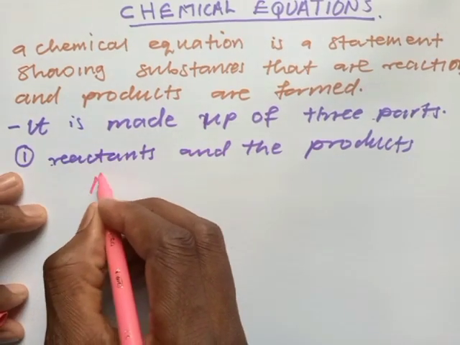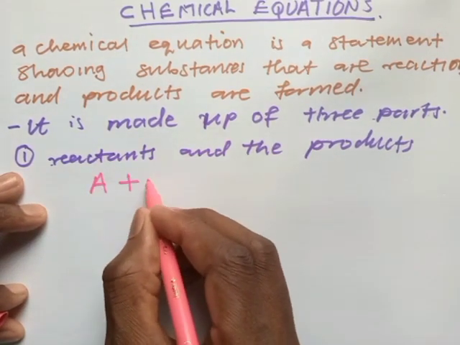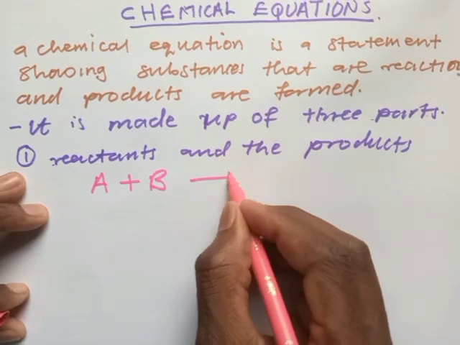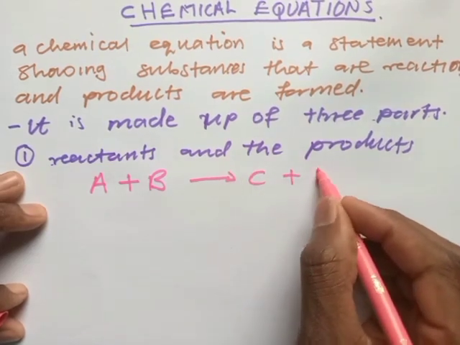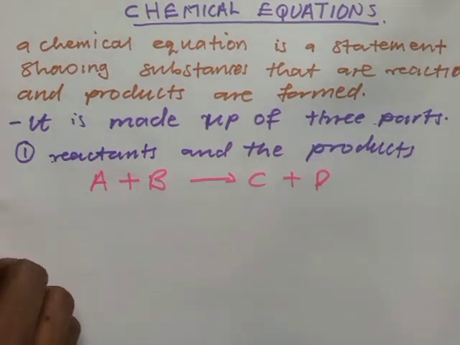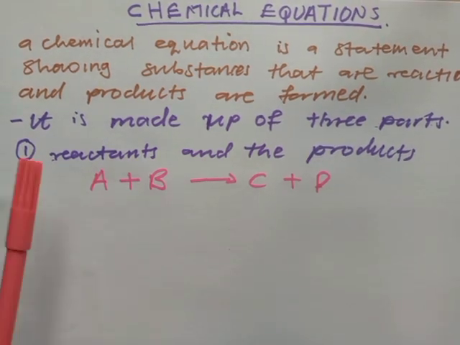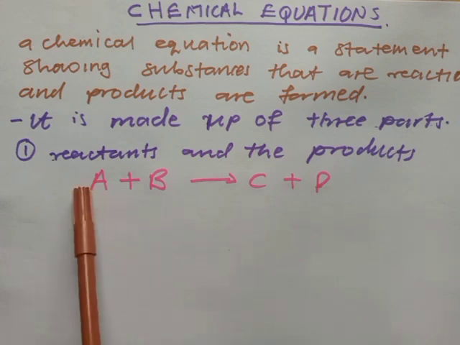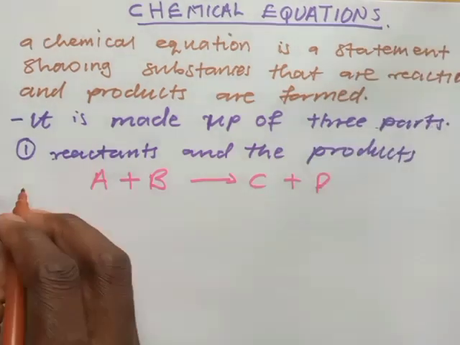In a good example, if I react A plus B getting C plus D, at this point of time we are going to say these two things that are found on my left hand side, they are called reactants, and those are called products.